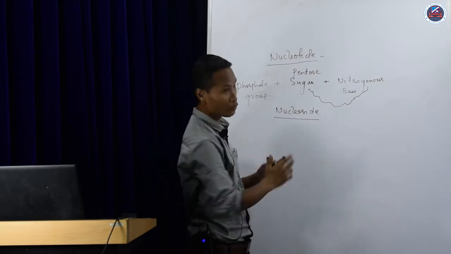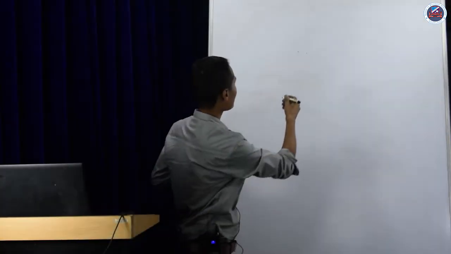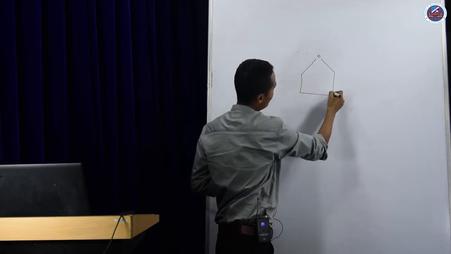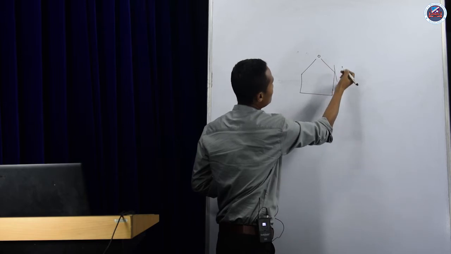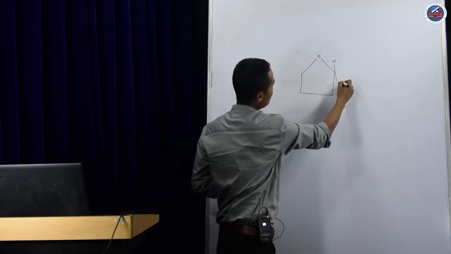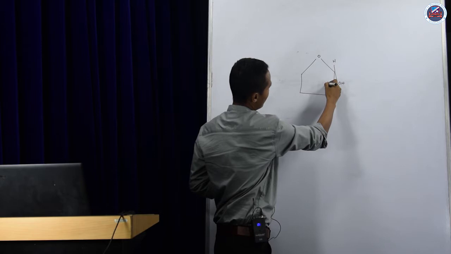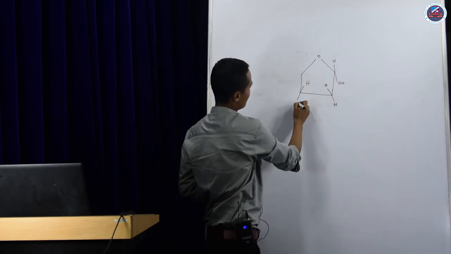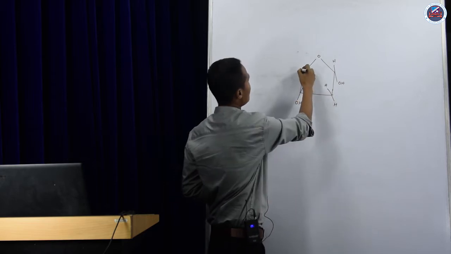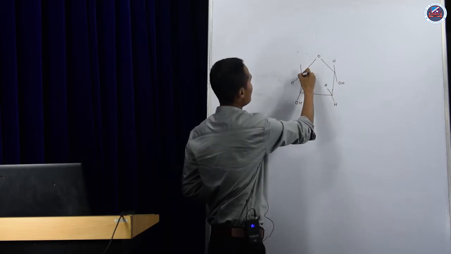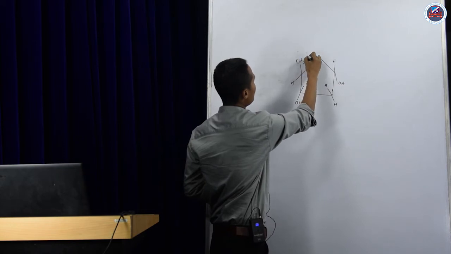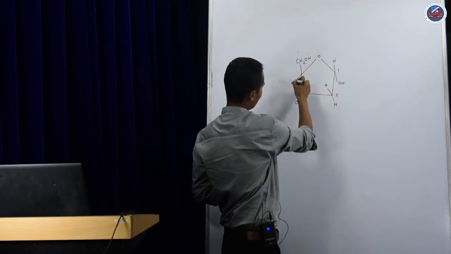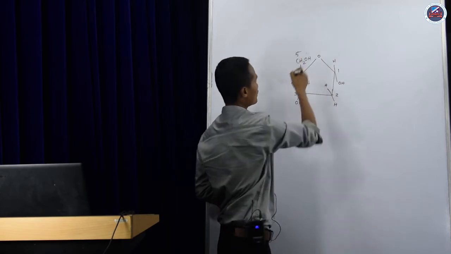Now let's see it in the form of a chemical structure. I'll make a sugar, with OH here and here. So this is our pentose sugar. This is carbon number 1, carbon number 2, carbon number 3, carbon number 4, carbon number 5.